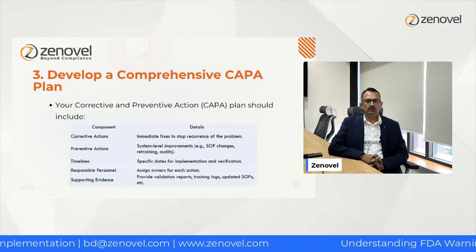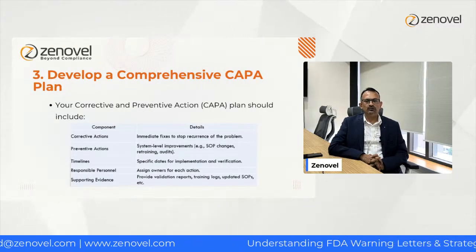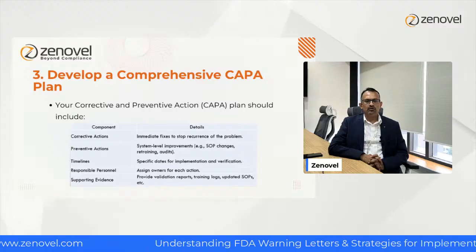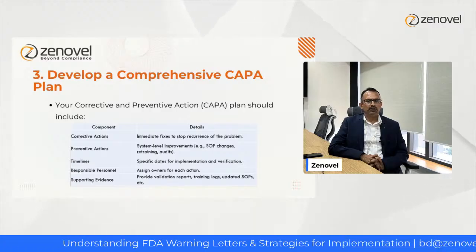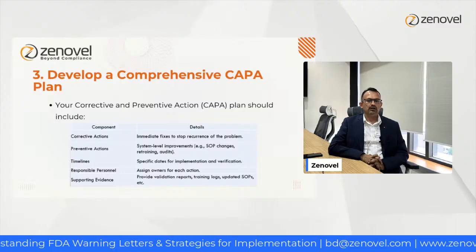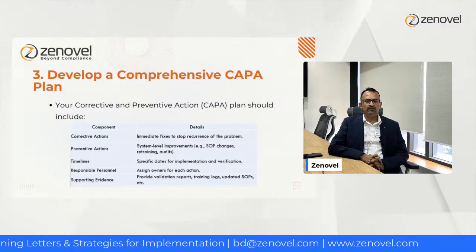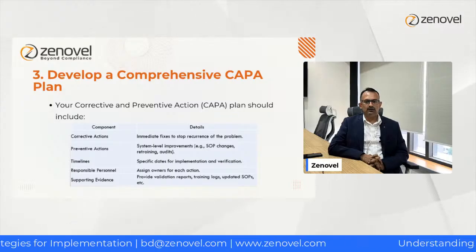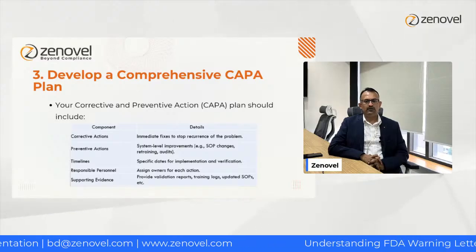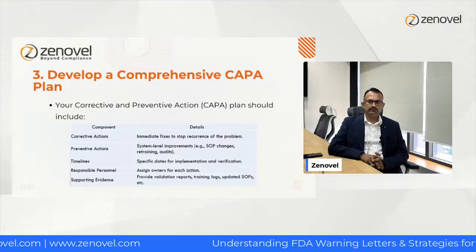After identifying the root cause, develop a comprehensive CAPA plan. Your corrective and preventive action plans should include corrective actions, preventive actions, timelines, responsible persons, and supporting evidence.